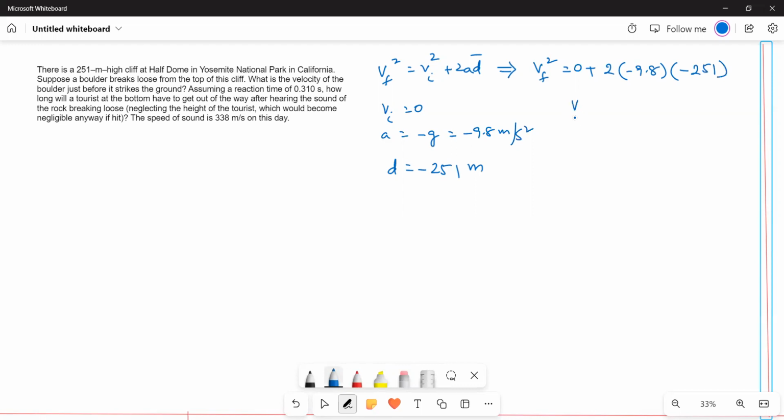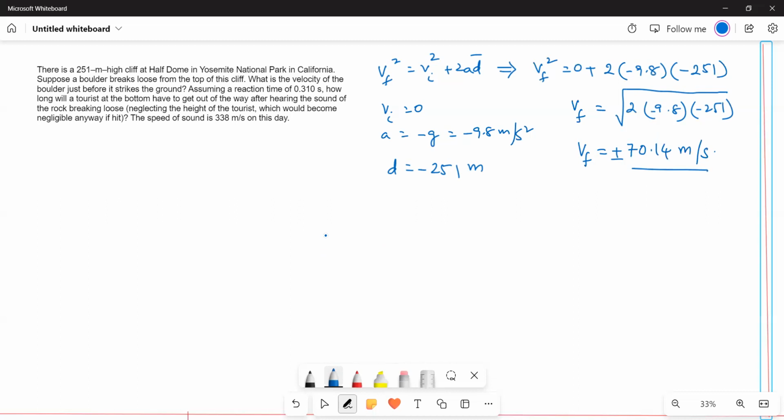Therefore, Vf is equal to the square root of 2 into 9.8 into minus 251. This gives a value of plus or minus 70.14 meters per second.